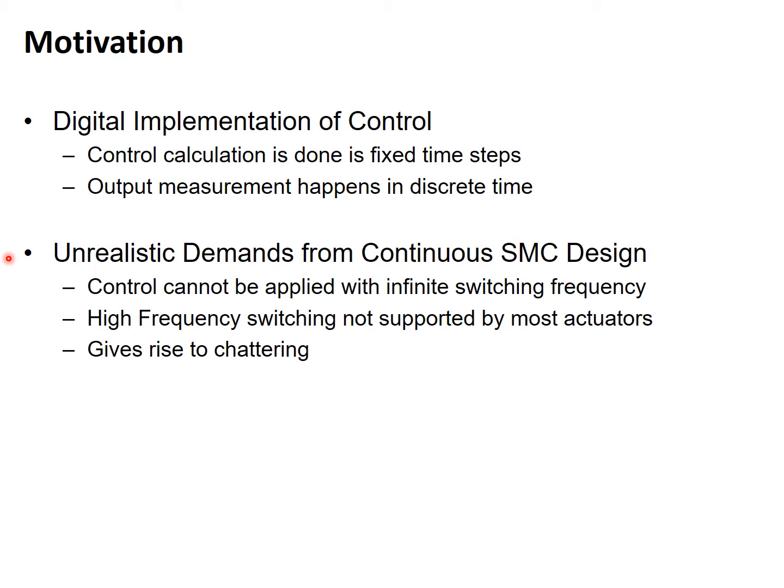While this is not always the case for higher order sliding mode control, as we have seen in super twisting, we can have smooth continuous time control action, but discrete time sliding mode control developed before super twisting came into being. So naturally the sliding mode control community was facing the problem of implementation of infinite switching frequency control action. So that was one drawback of continuous time design.